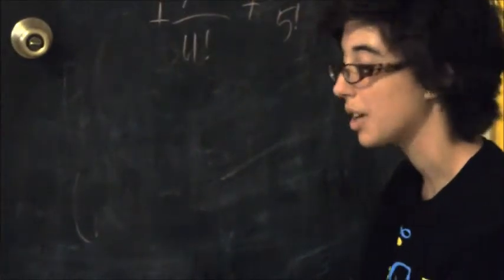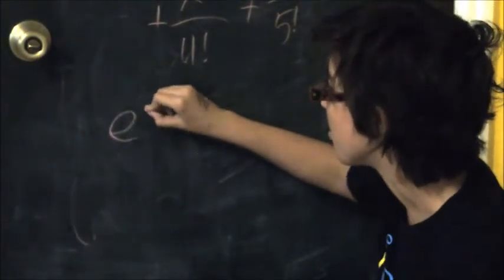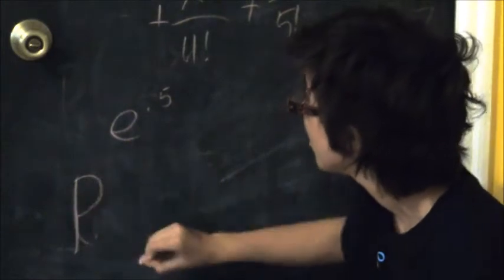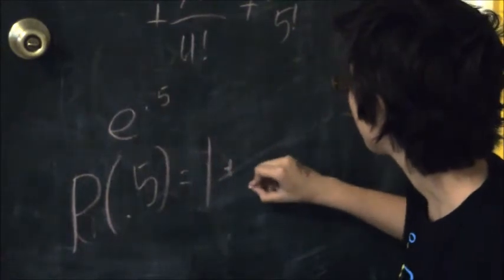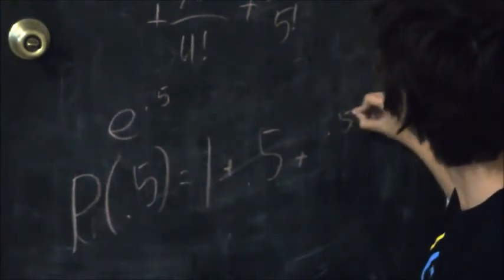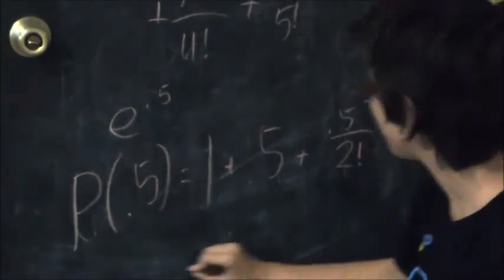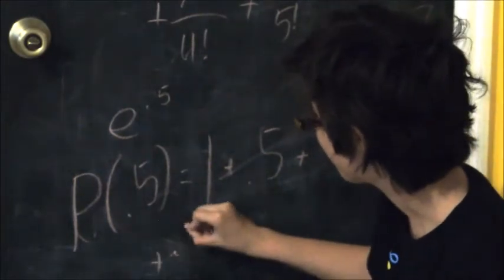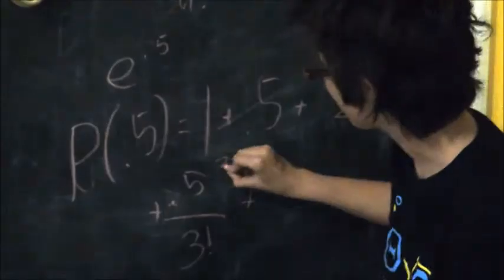So, the Maclaurin polynomial of e to the x is pretty simple. If we wanted to do an approximation for e to the x, say, what's e to the 0.5? We can plug this into our Maclaurin polynomial and say, P of 0.5 equals 1 plus 0.5 plus 0.5 squared over 2 factorial plus 0.5 cubed over 3 factorial.